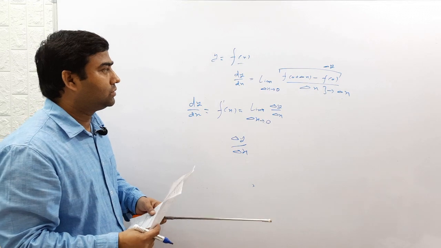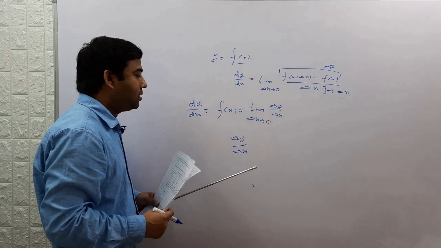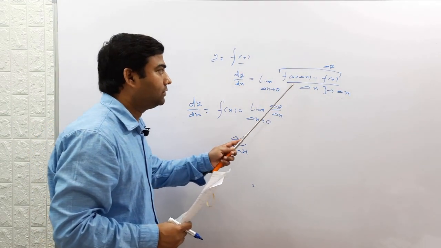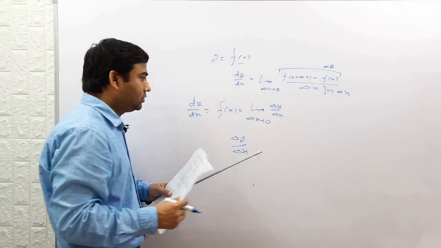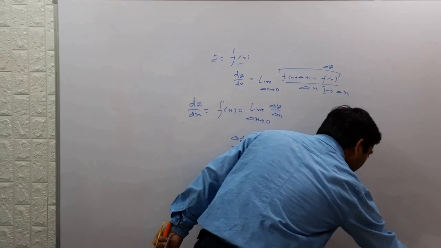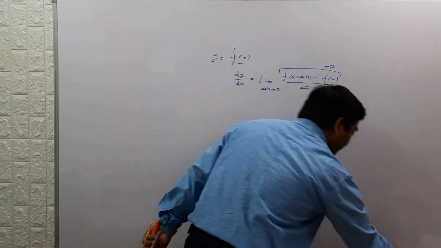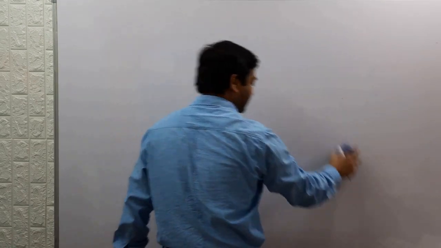Okay. So this is the way to find the value of the derivative. In that case, you can find a general expression for instantaneous velocity.